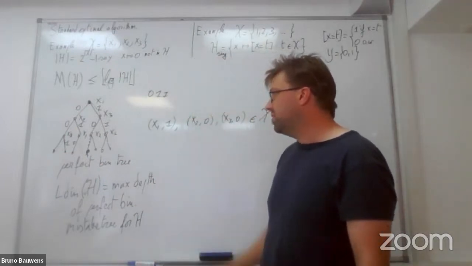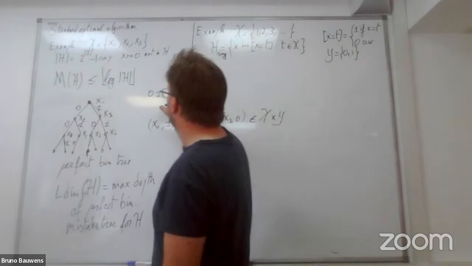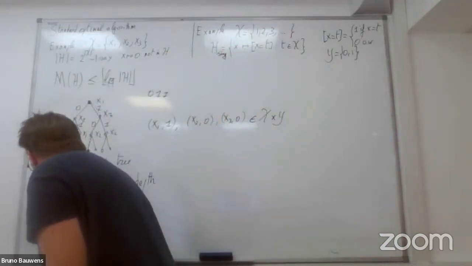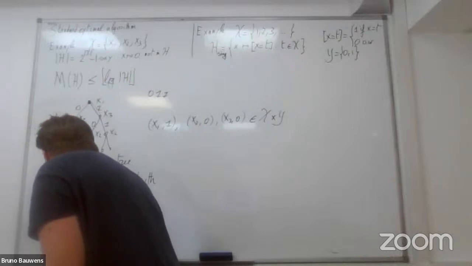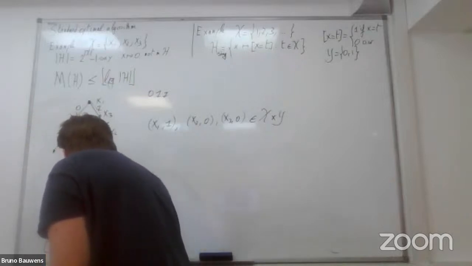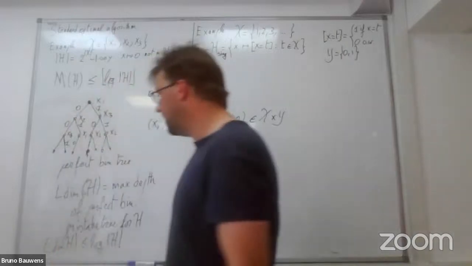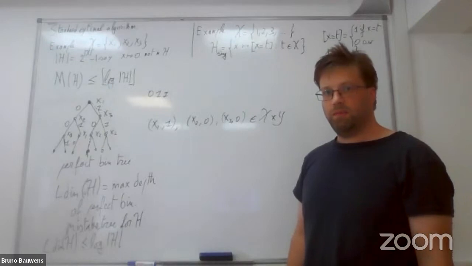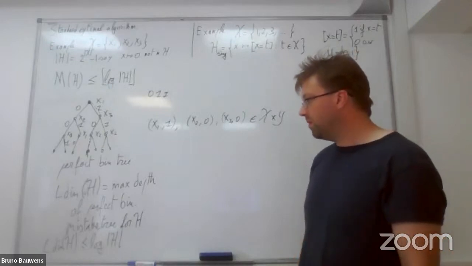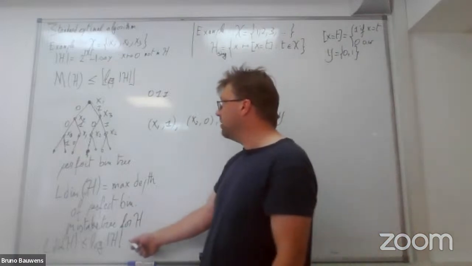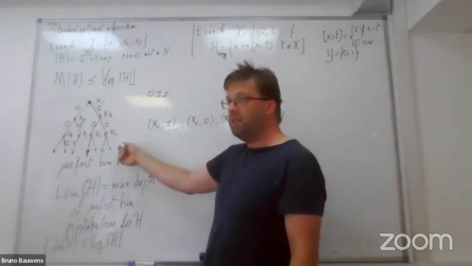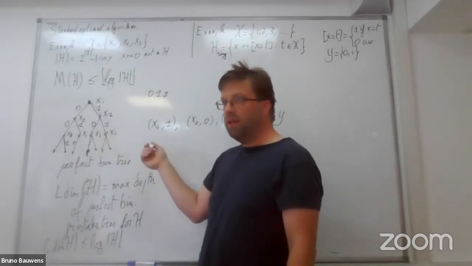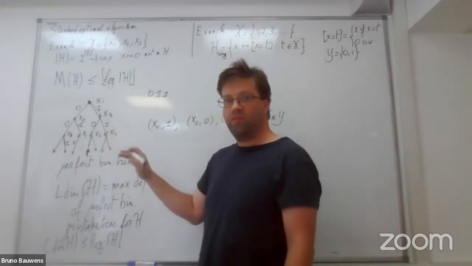Okay. And so we conclude that the Littlestone dimension of H must be at most the log of the size of H. So that's the first property. That's the argument. In order to have a mistake tree of depth D, we have 2 to the power D leaves in this mistake tree, and all these leaves must contain different classifiers.